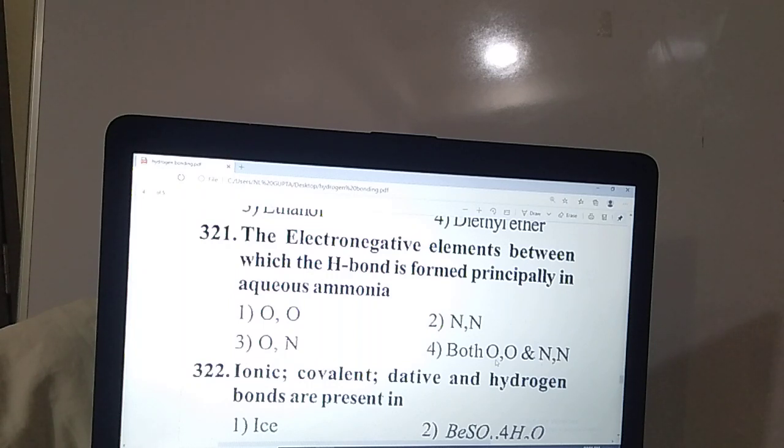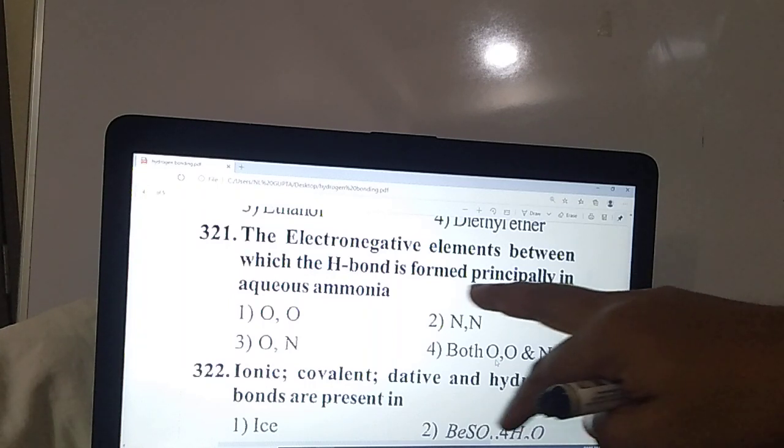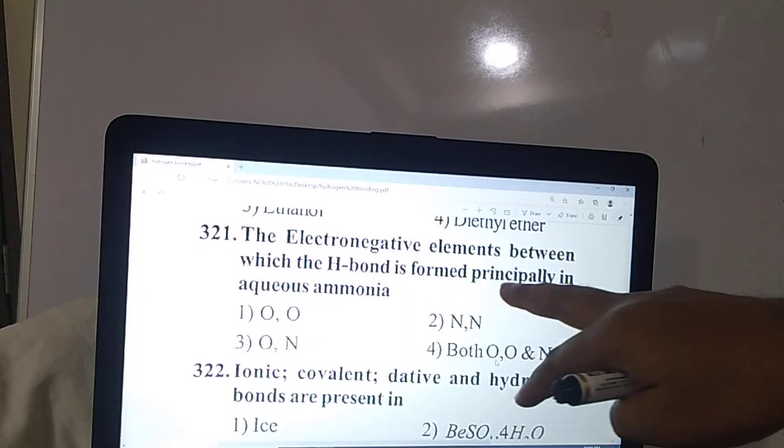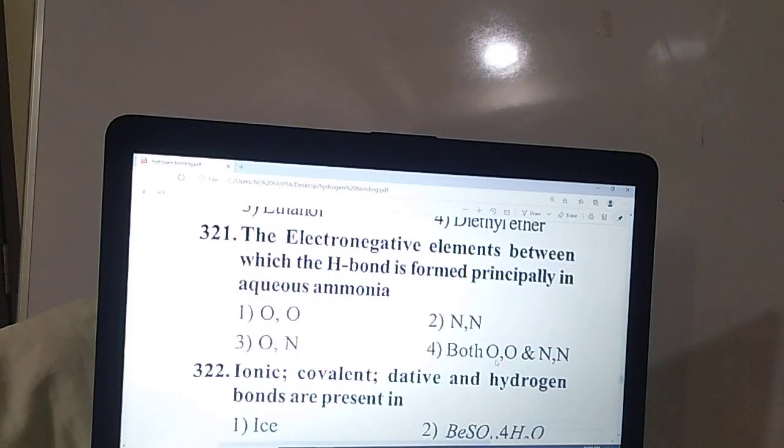The electronegative elements between which the hydrogen bond is formed principally in aqueous ammonia are oxygen and nitrogen. Oxygen alone is not possible, nitrogen alone is not possible; oxygen and nitrogen together is possible. Even fluorine could come in the answers, but fluorine is not given. So oxygen and nitrogen is the correct answer.